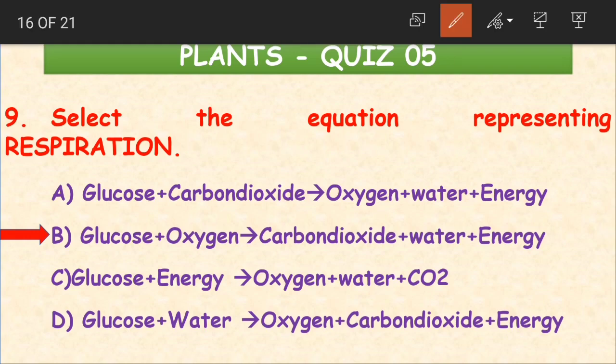When photosynthesis happens, we get glucose and oxygen. And this glucose and oxygen are going to supply food, in the sense they are going to supply the energy to the plant. That is called respiration.